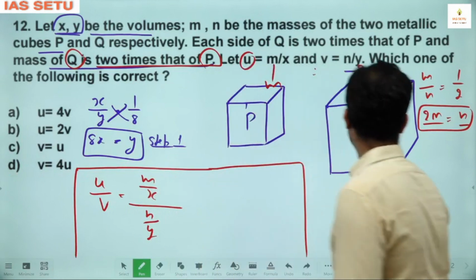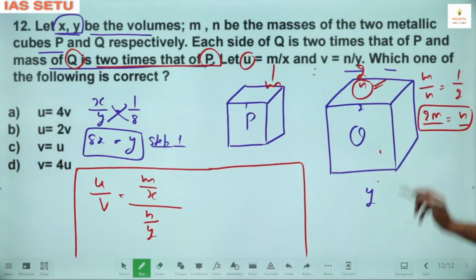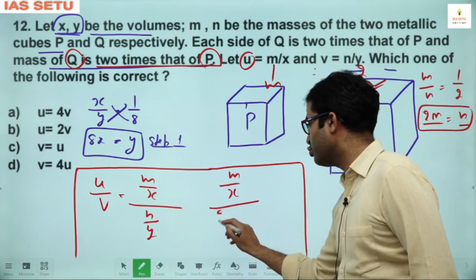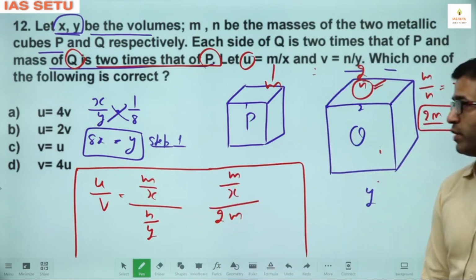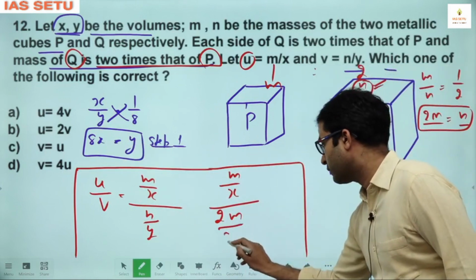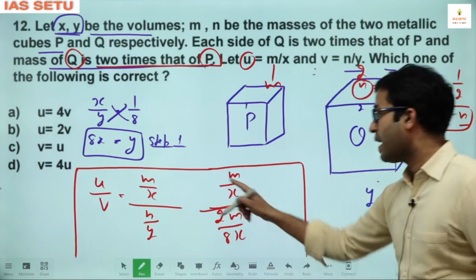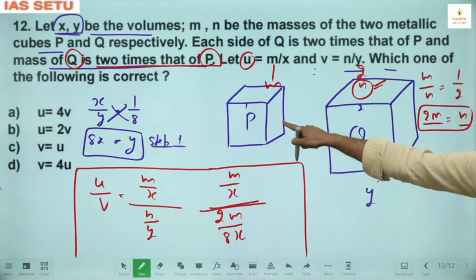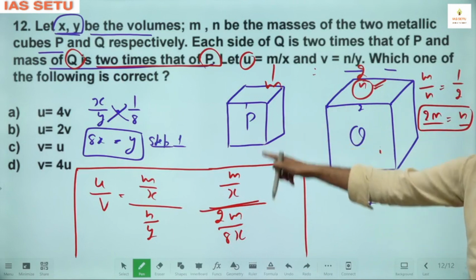Now, what is n? 2m. Replace n with 2m. What is y? 8x. So m upon x, n will be 2m, since n is double of m, and y is 8 times of x.